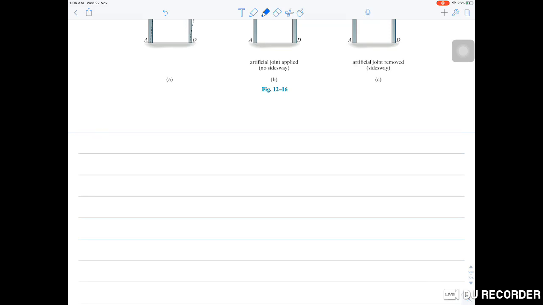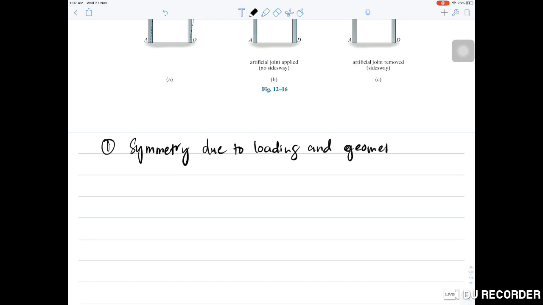Number one, the frame is a non-sway frame or no sidesway if the frame is symmetry due to loading and geometry.